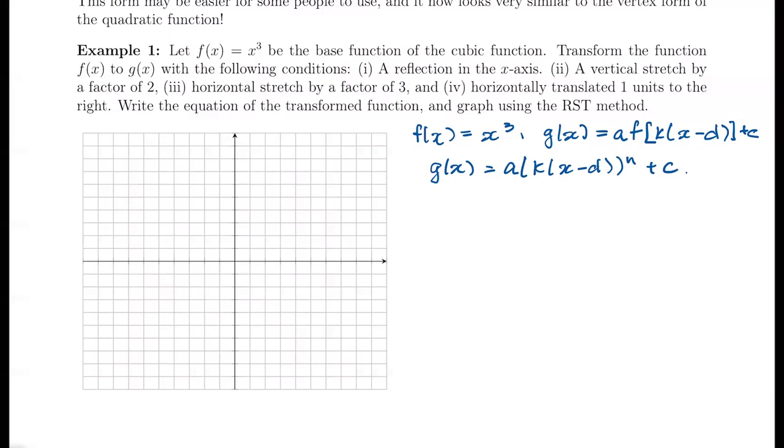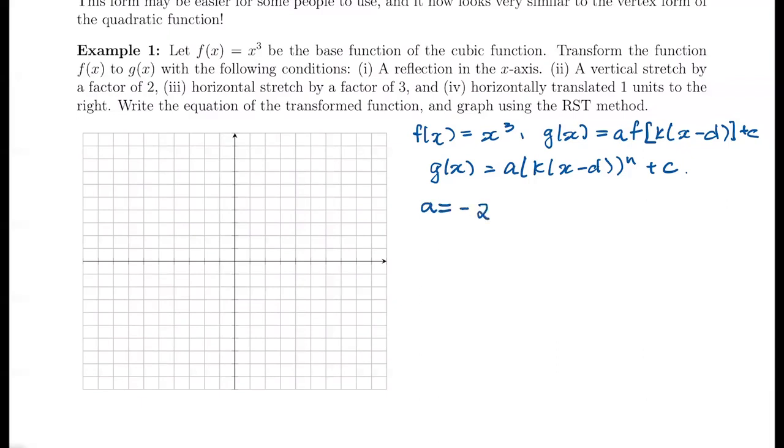So here we have the following conditions. We could join 1 and 2 together. So you have a reflection in the x-axis and a vertical stretch by a factor of 2, so that these 2 conditions correspond to the a value, which is going to be less than 0. But it's going to have a vertical stretch by a factor of 2. So that means a here would be -2.